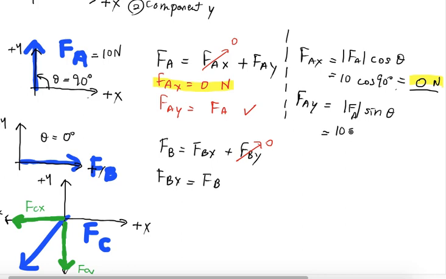So sine 90 is 1. So 10 multiplies with 1 gives you 10 Newton. So here you can see that your y component is the same as the fundamental vector, the main vector. Right? Like this.